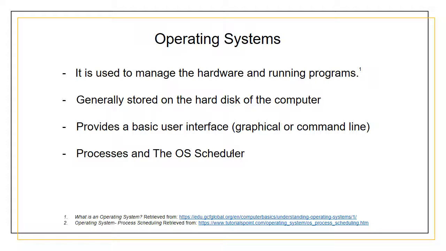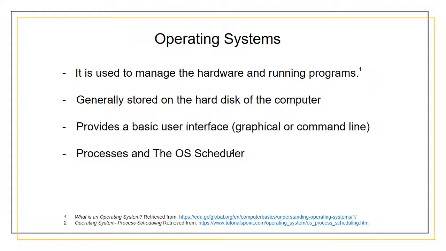The OS is generally stored on the hard disk of the computer. The hard disk is a non-volatile memory, therefore the OS cannot be lost while the system is off. You can also put the OS on a boot disk, and you'll have to boot the OS every time that you start the system through this disk.